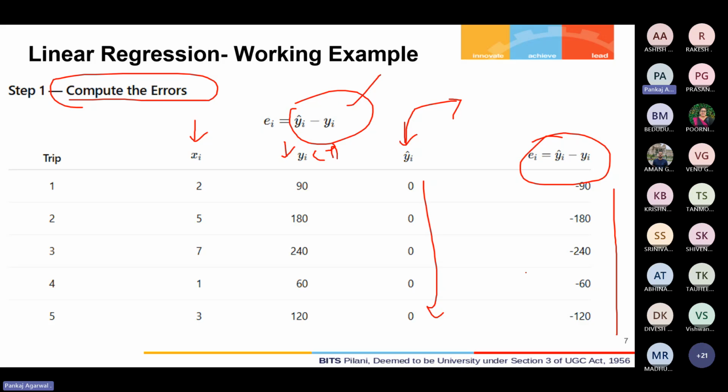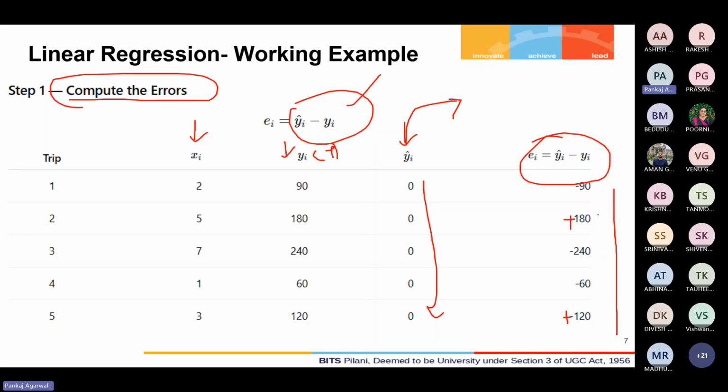See, in this particular case, because yi was all zero, therefore you saw negative in all the cases. But there could have been a scenario where you might have got something like this. For example, this could have been plus, and this could have been plus. Obviously, this kind of scenario could be there. Agreed or not? Yes, sir.